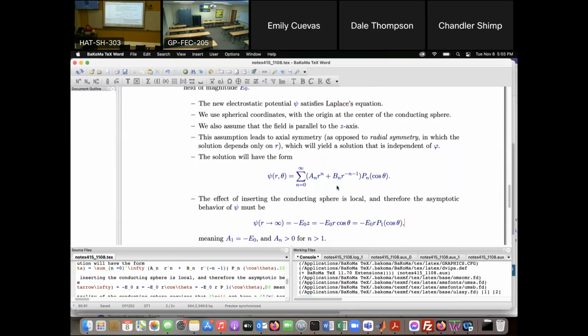If I look at the term for n equal 1, I have a1 r, and then we'll deal with this term later, a1 r, and then I have P1 of cosine theta, but because it's P1, that's just cosine theta.